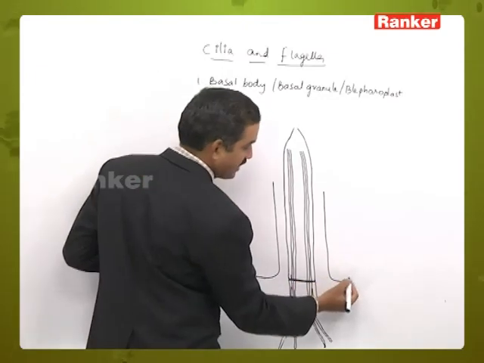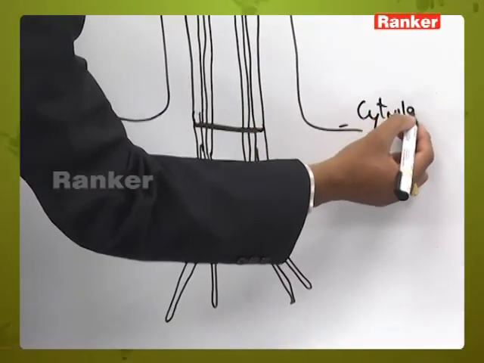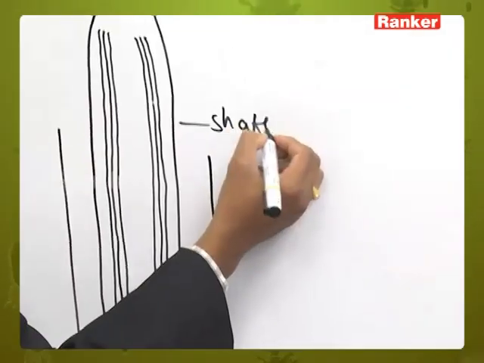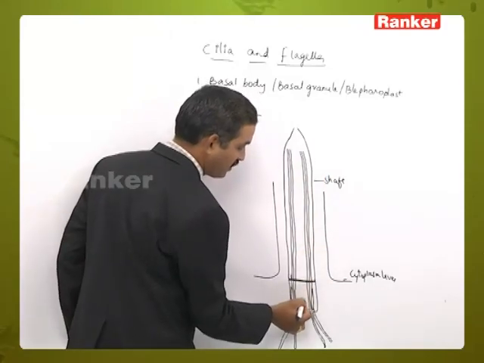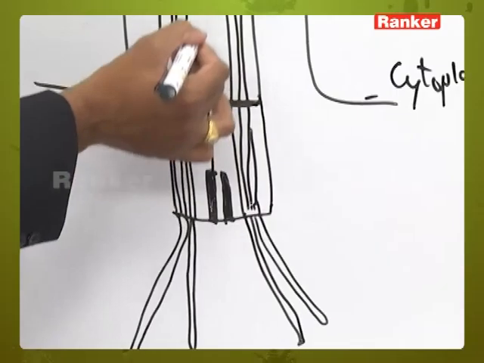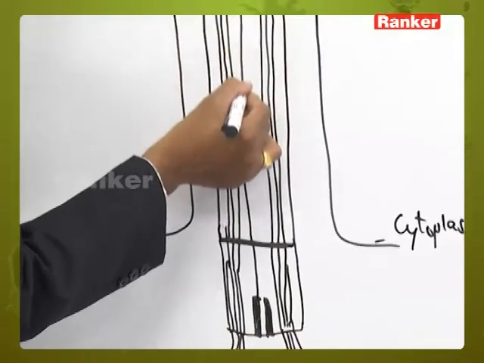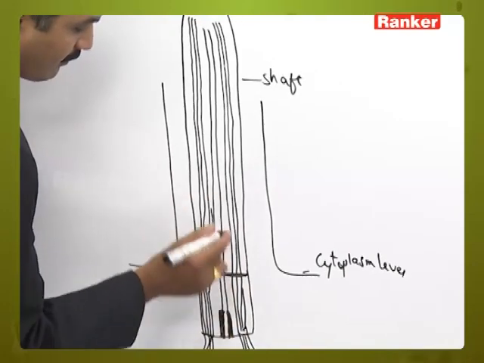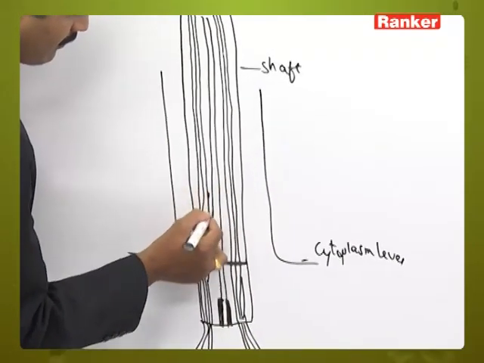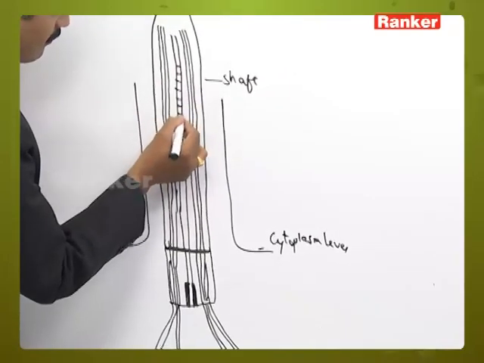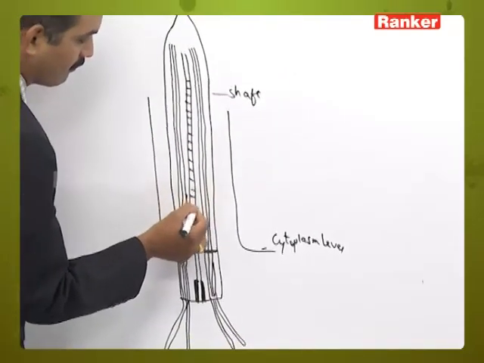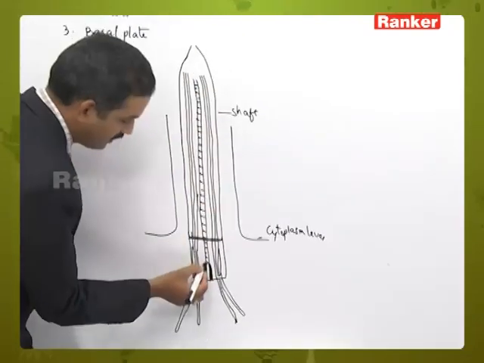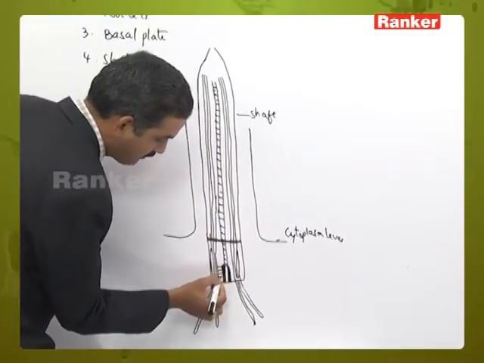Okay, this is the cytoplasmic level. So this is the shaft, and in the center we can see the core region. Then the radial spokes will be there.